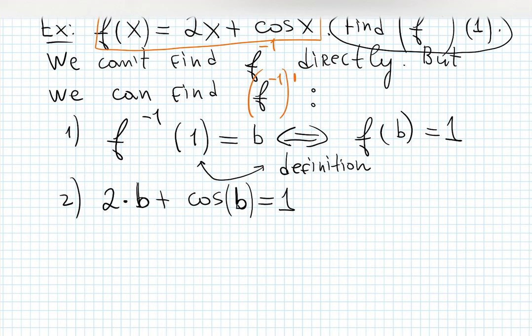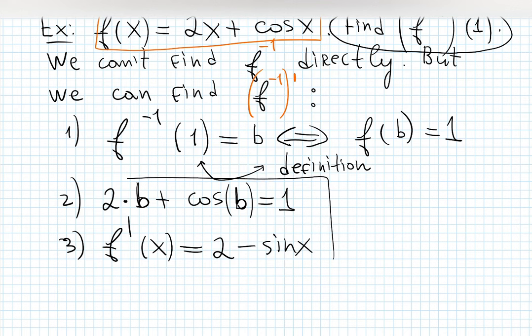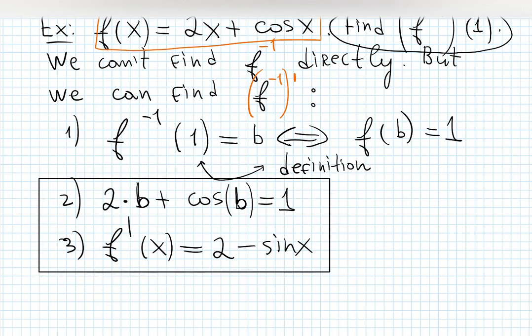And step 3. Let's find the derivative of this function. The derivative of f(x) in general is 2 minus sine x. Those two things are coming from the original function. That's what we know.